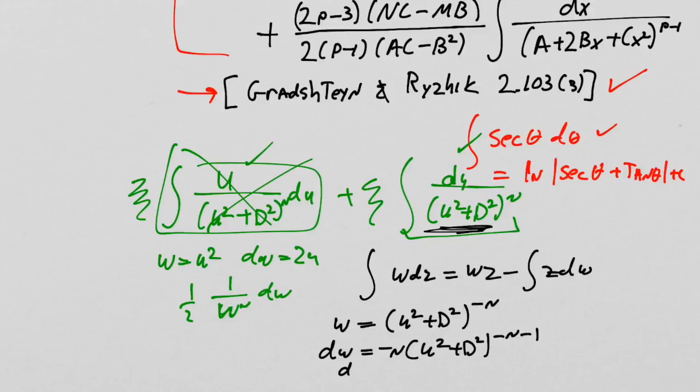And then dz would equal du, and z equals u, right? So these are the substitutions that you would use to construct the integration by parts.